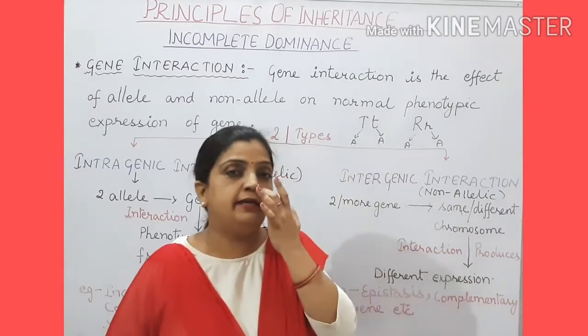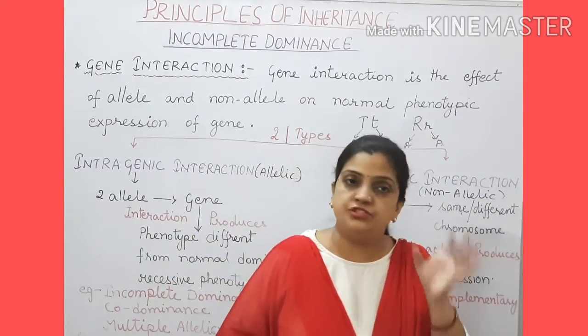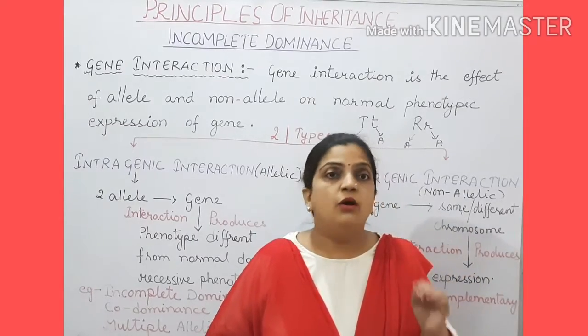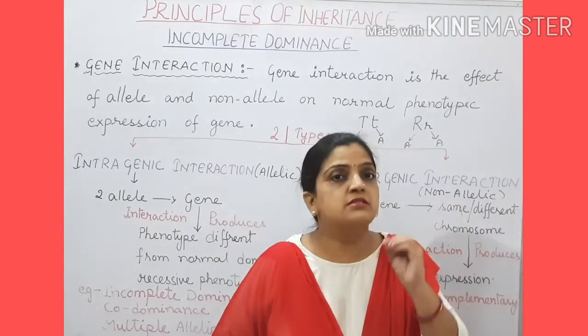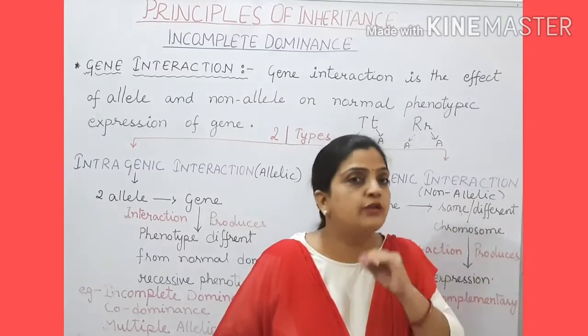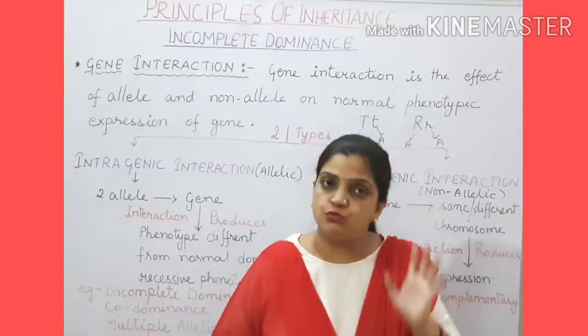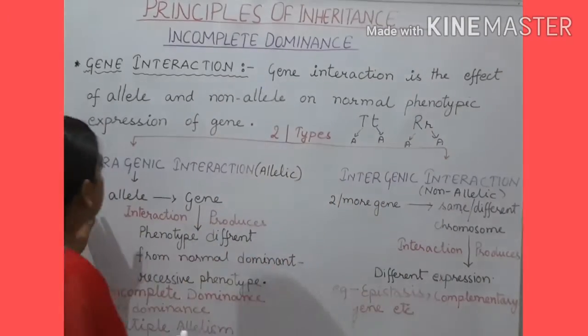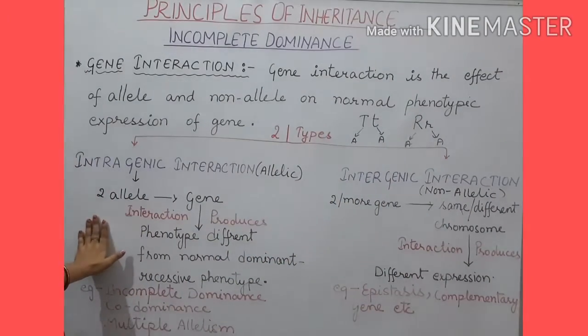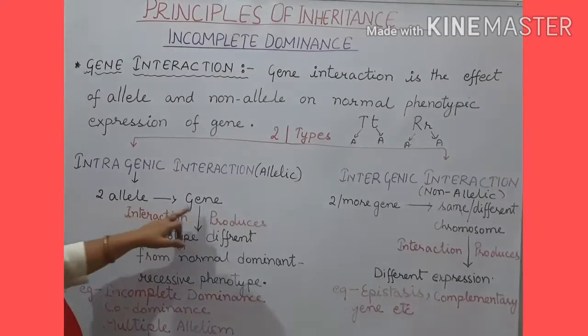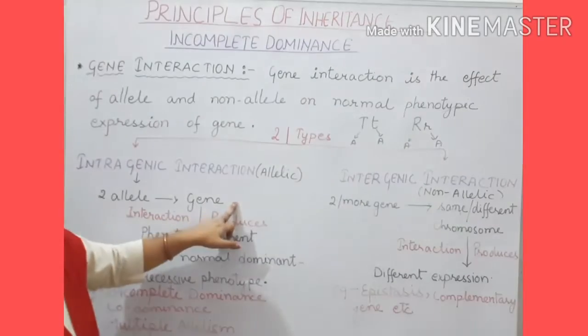Now again moving ahead, I take an example of a gene situated on a chromosome of a homozygous type or a heterozygous type. They are present on a gene on the same chromosome. So if I discuss intragenic interaction, it is two alleles present on a gene of the same chromosome.